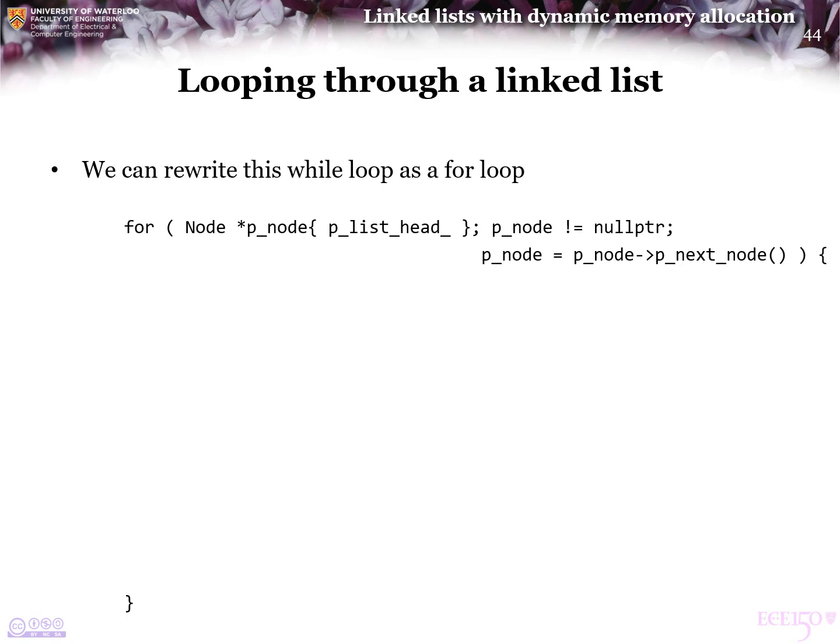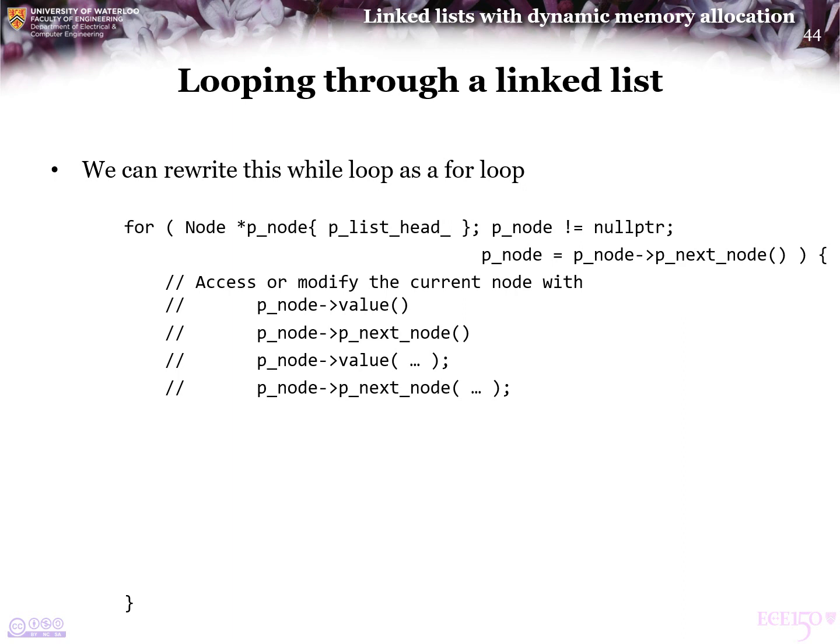While pNode is not equal to the null pointer, we execute the body of the loop, and then we update pNode to be whatever value the current node is storing in its next node member variable. Now, inside the body of the loop, we can access or modify the current node by calling the appropriate member function on pNode.